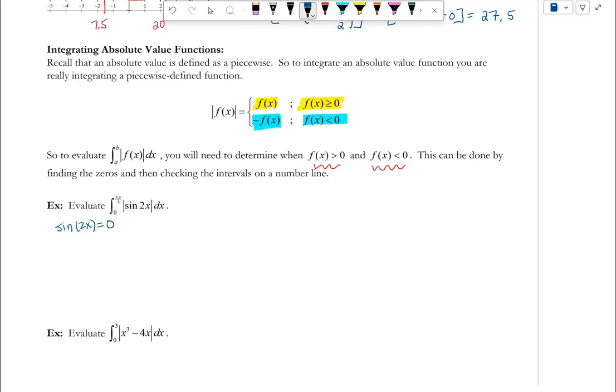And I could take the inverse sine of both sides, but I could also just think about my unit circle. I know that on my unit circle, the sine of anything, so if I just think of the sine of any input, when I am between 0 and pi, my values are positive, but at 0 and pi, that's where the sine of 2x would be equal to 0.